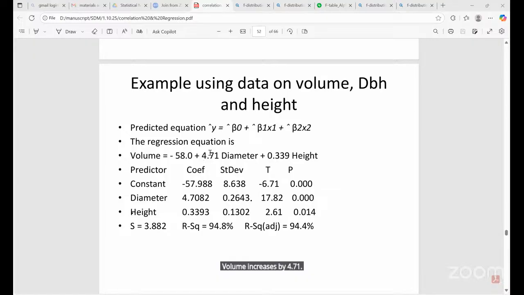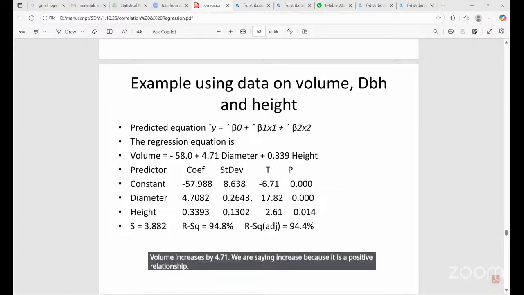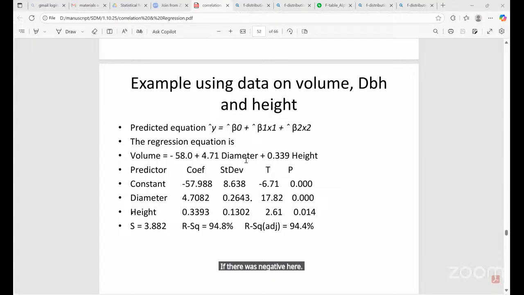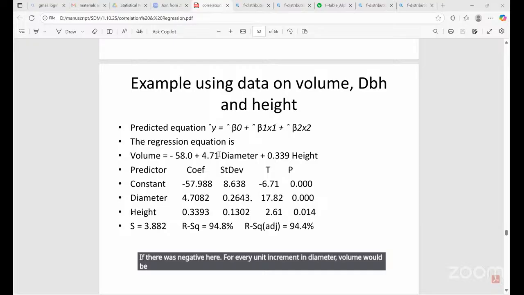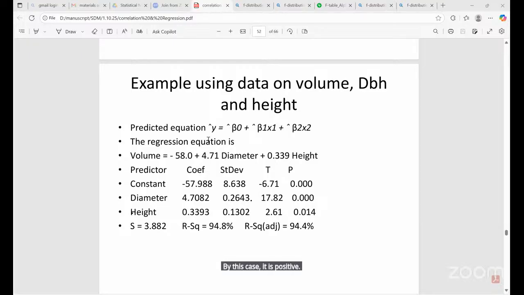We are saying increase because it is a positive relationship. If there was negative here, for every unit increment in diameter, volume would be decreasing by 4.71. But in this case, it is positive. Therefore, volume increases by 4.71 for every unit increment in diameter.